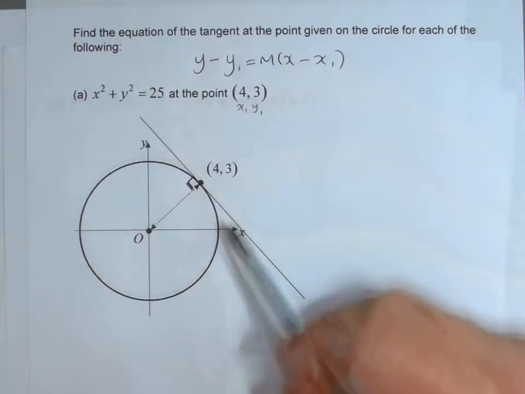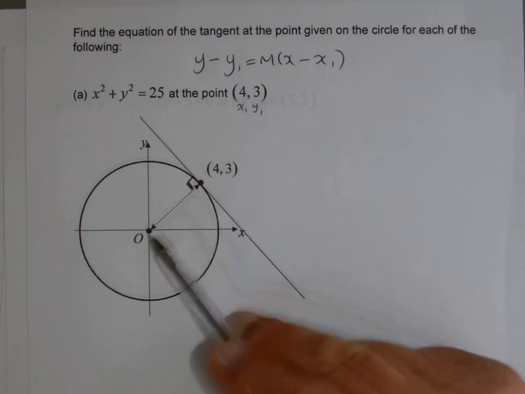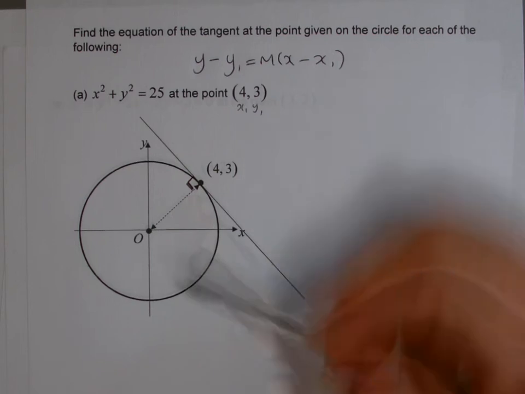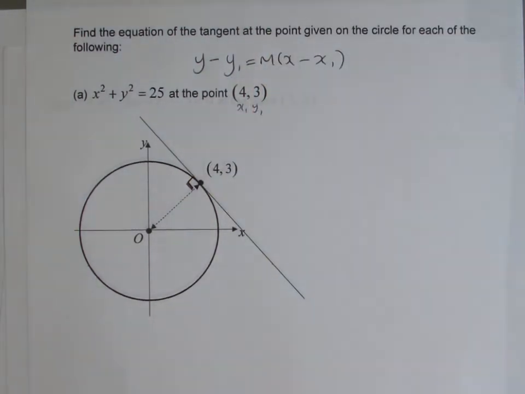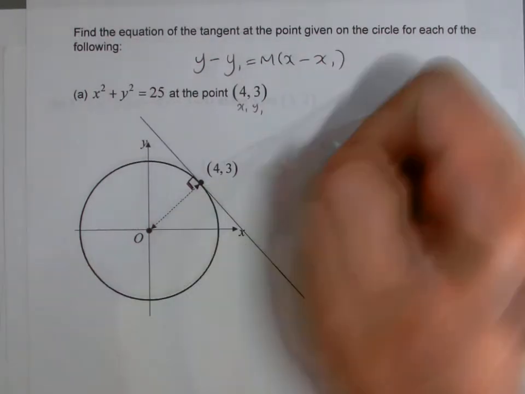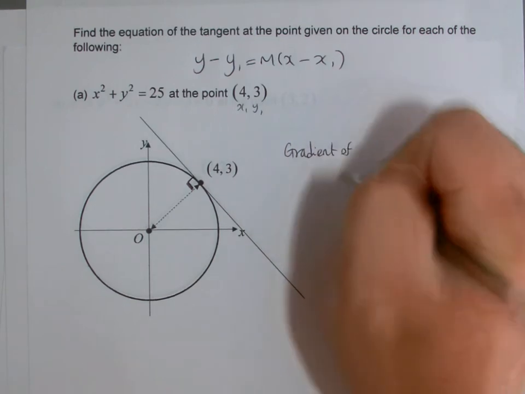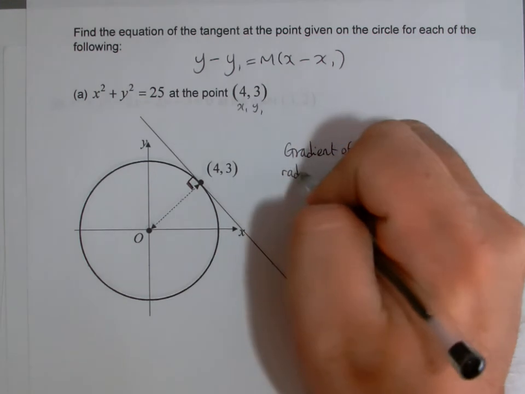Now if I can work out the gradient of this, then I can work out the gradient of the line which is perpendicular to it. Do you remember that? So we've got a formula for that as well. So let's work out the gradient of the radius, the radius to the point 4, 3.